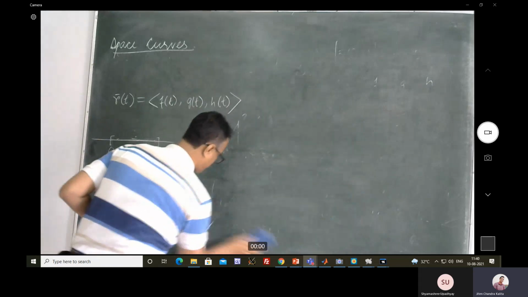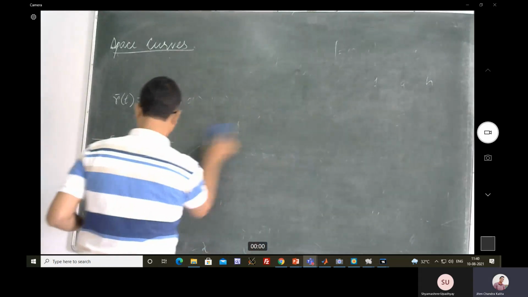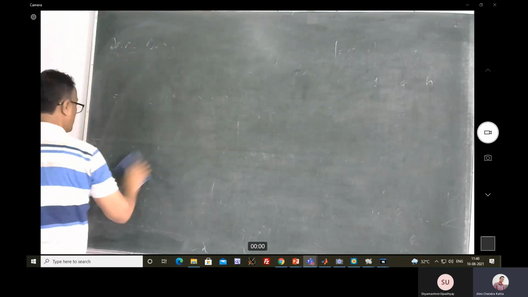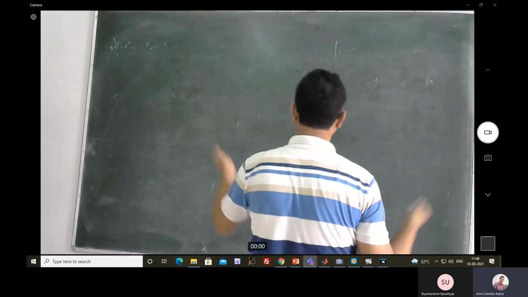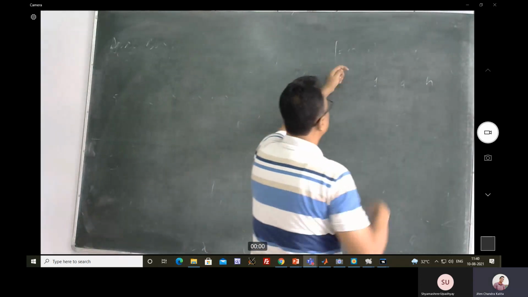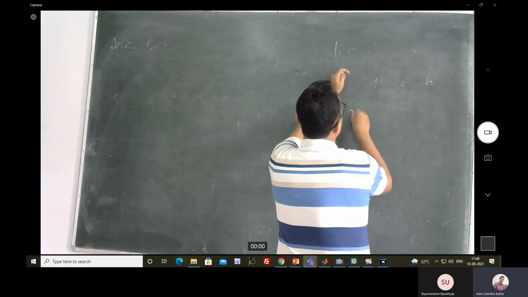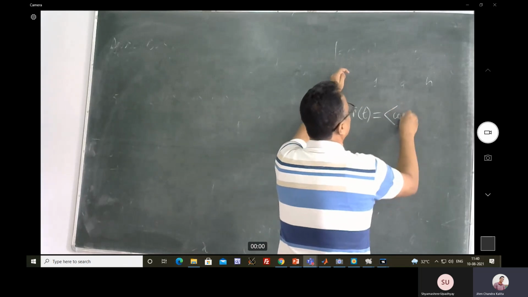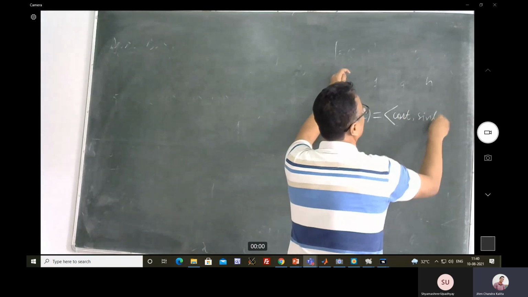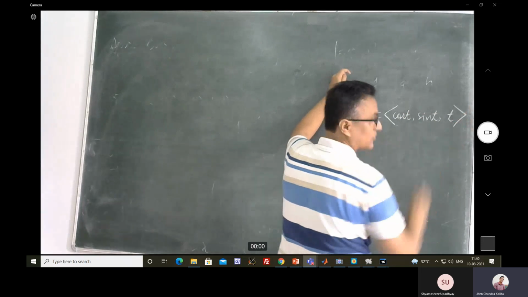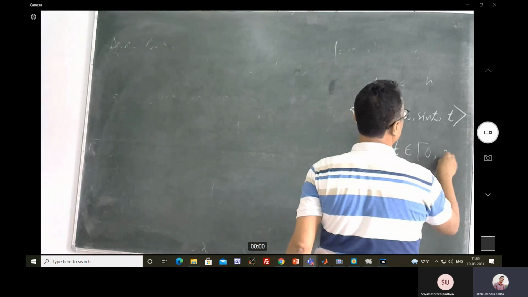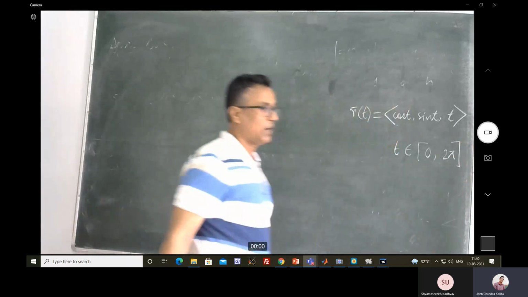I'll show you something on the slides, but before that, you may still be in doubt. For example, suppose I have a curve given by this, and I have been given the interval 2, 5.